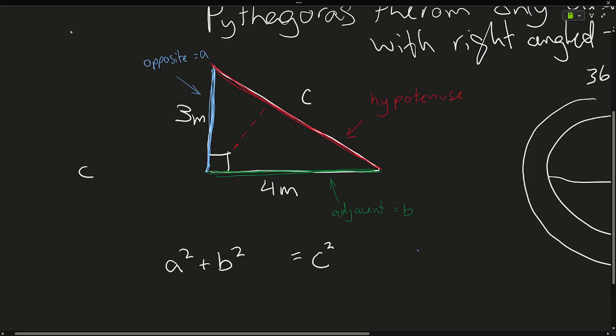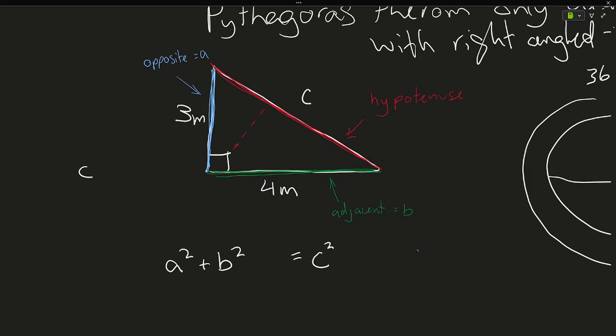So if we have one side, let's say we don't have B. So that means we have C and we have A. So C is our longest side. It is the hypotenuse. You cannot have the adjacent larger than the hypotenuse, or the opposite larger than the hypotenuse.